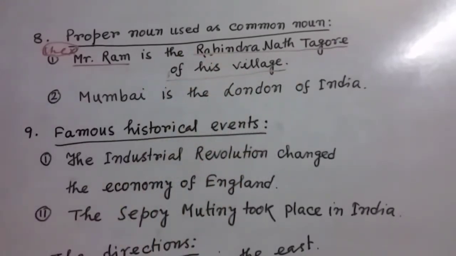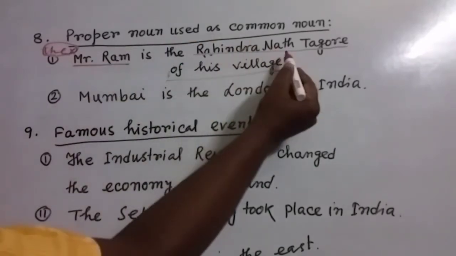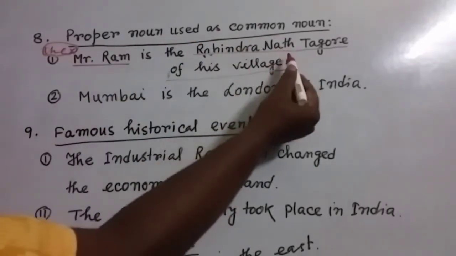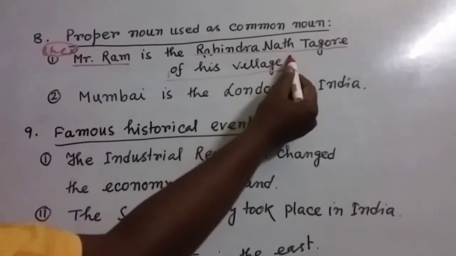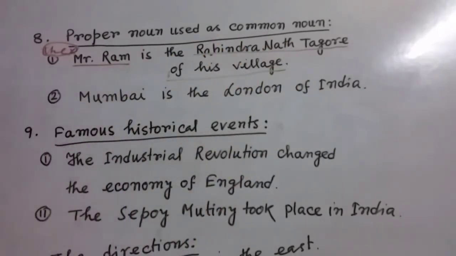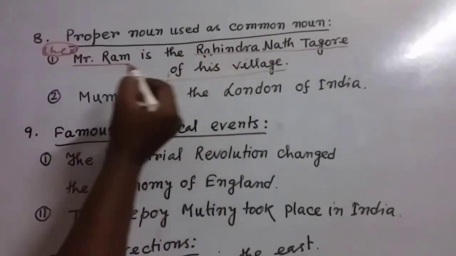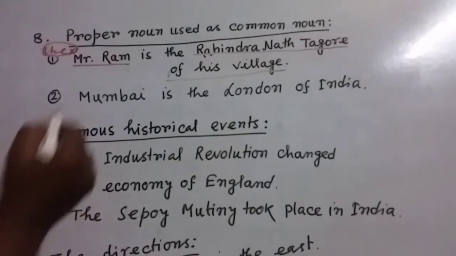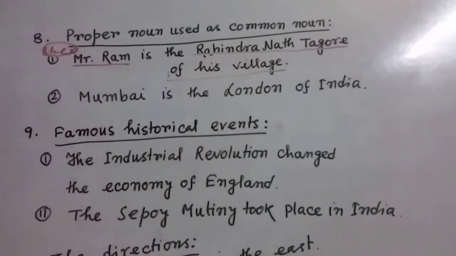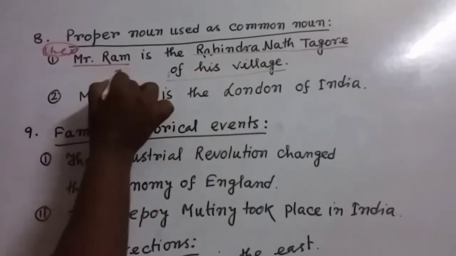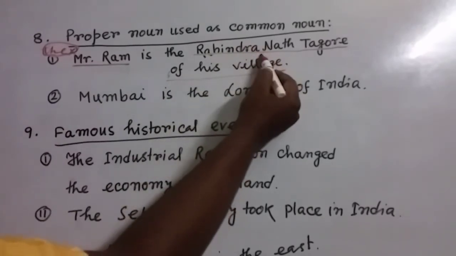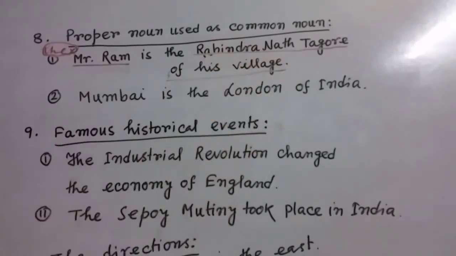My dear friends, look at this sentence. Mr. Ram is not Rabindranath Tagore. Rabindranath Tagore is a famous person. It's a proper noun. Mr. Ram is also a proper noun, but we are comparing these two persons here. We are comparing Mr. Ram with the Rabindranath Tagore, who is a famous person.